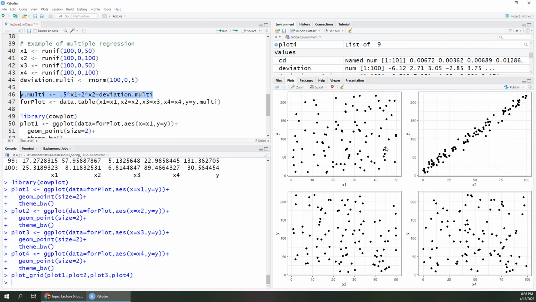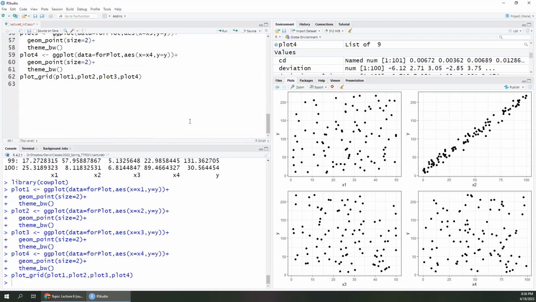So if I were to provide this example and ask which variables influence or are related to my y outcome, it would be very obvious to say x2, but much less obvious to say x1. And so this is where our ability to visually identify these trends breaks down.